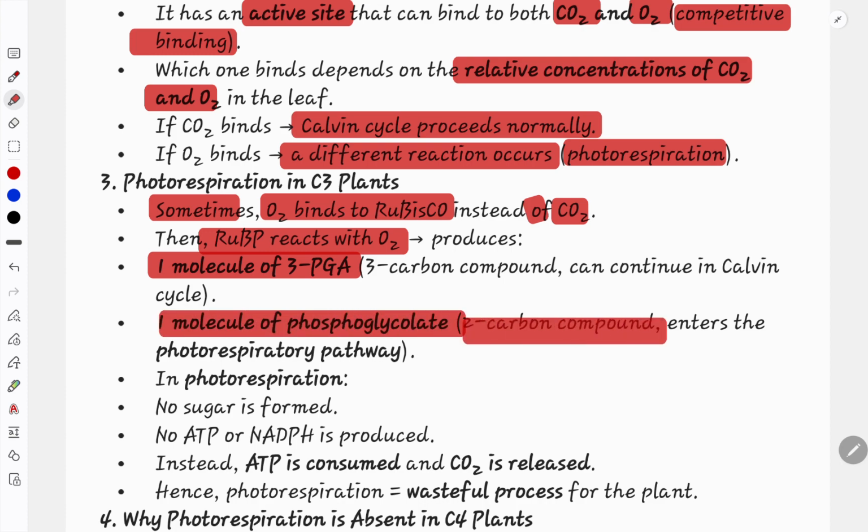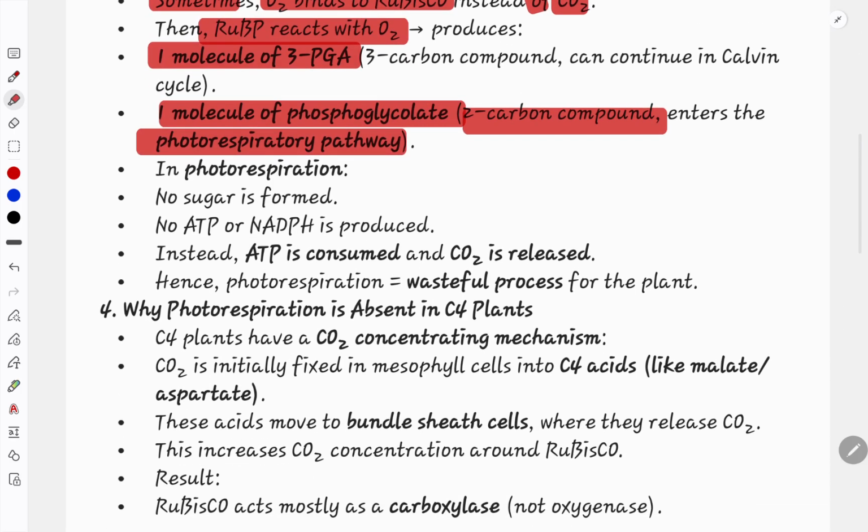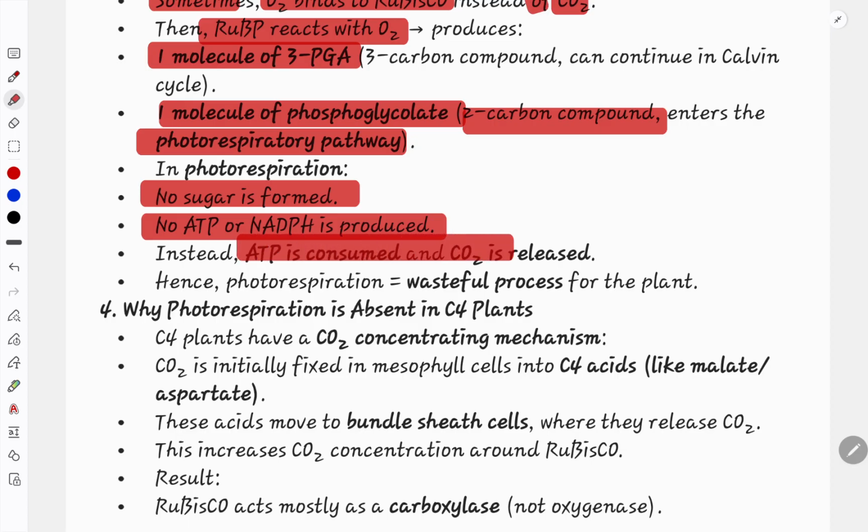Glycolate is a 2-carbon compound which enters the photorespiratory pathway. Why is it called a loss process? Because no sugar is formed. No ATP or NADPH is produced. Instead, ATP is consumed and CO2 is released. That is why it is called a wasteful process.